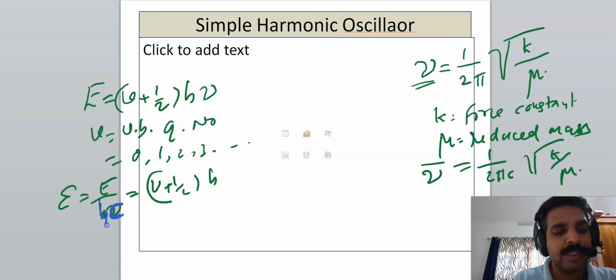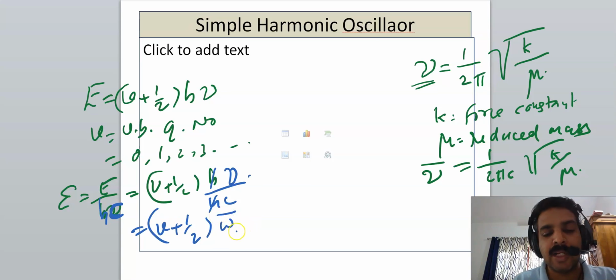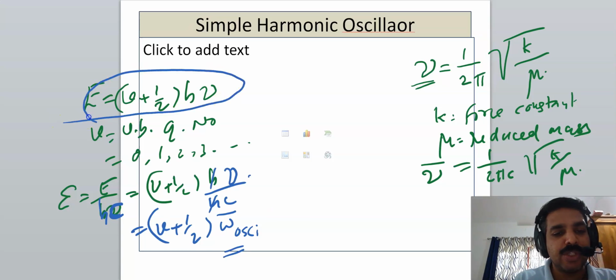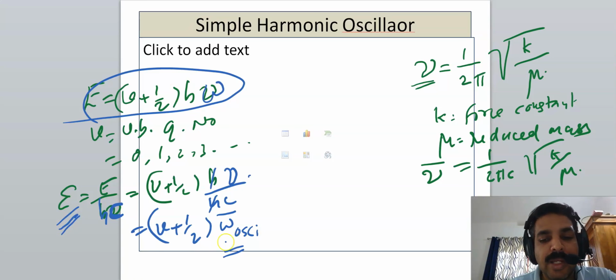So h nu divided by hc, h cancels, and nu by c is equal to nu bar. So we can write (V plus half) nu bar, or another term we use is omega bar oscillation, the fundamental vibrational frequency in wave numbers. So energy is equal to (V plus half) h nu, or (V plus half) h omega. Frequency can be written in terms of omega or nu, and you can use either. Or energy in terms of wave number is equal to (V plus half) omega bar oscillation.